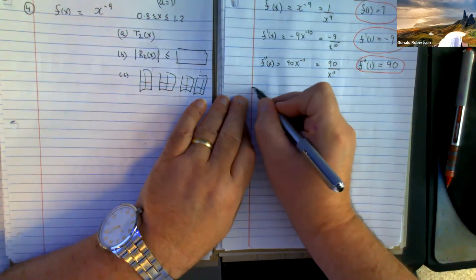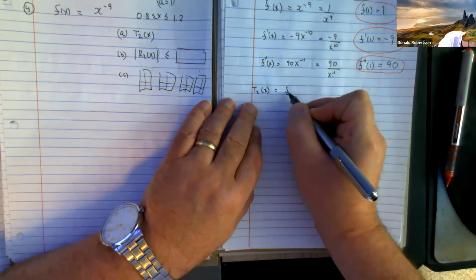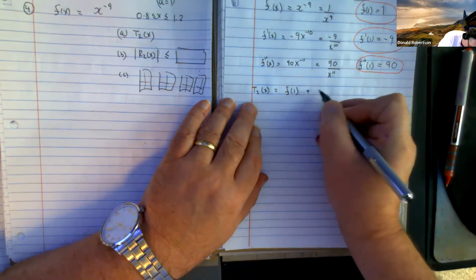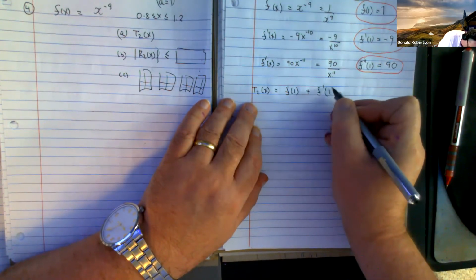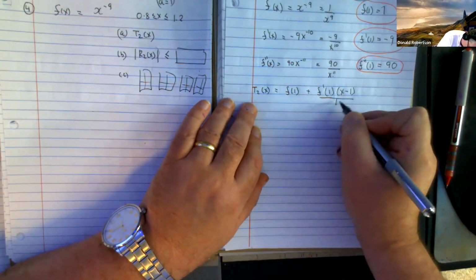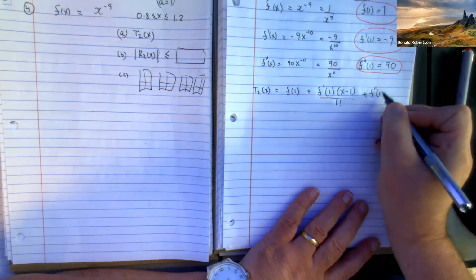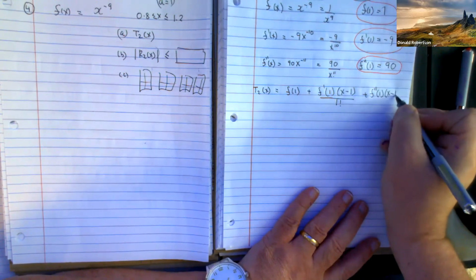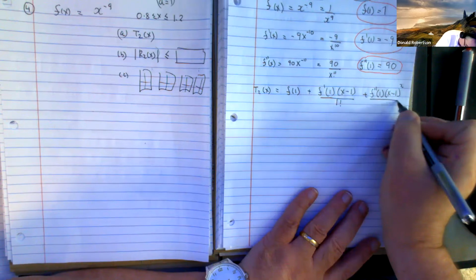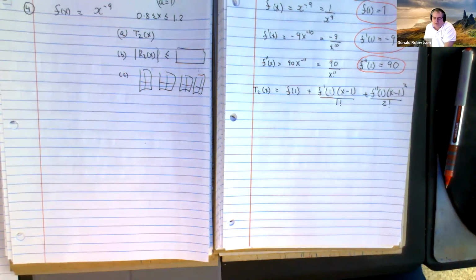So to get T2 of x, it's the value of the function at 1 plus the derivative at 1, x minus 1 over 1 factorial, plus the second derivative at 1, x minus 1 squared over 2 factorial. That's the Taylor polynomial for T2.